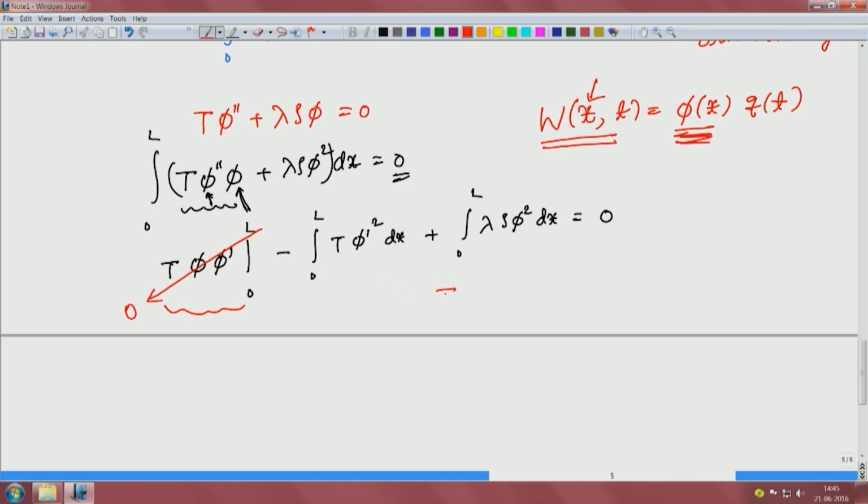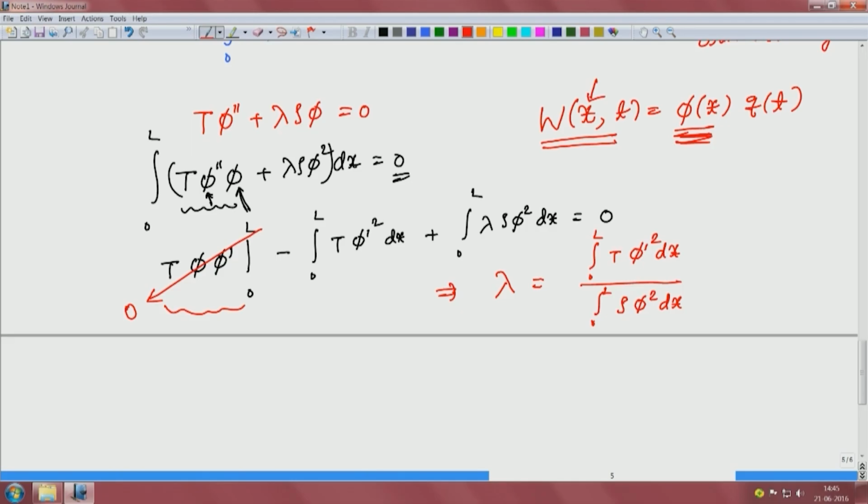Now, here we get something very important: lambda is equal to the integral 0 to L of T phi prime square dx divided by the integral 0 to L of rho phi square dx. You see, this lambda has no way of becoming negative, because tension T is positive.